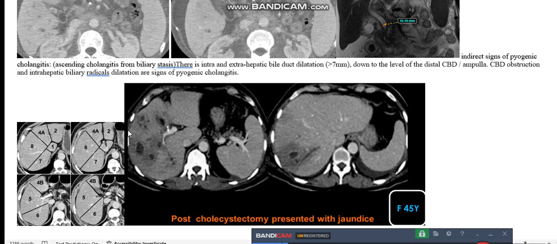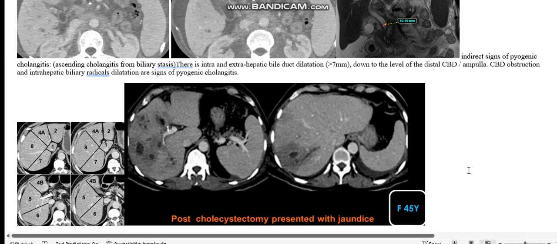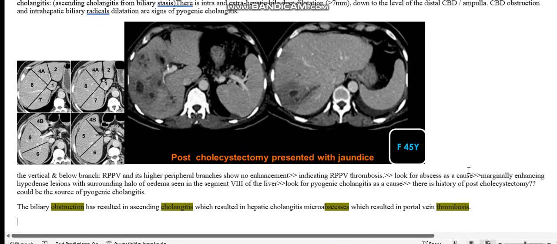If you can't see any radiological cause of the hepatic abscess, look for the history, such as post-cholecystectomy surgery, as this is a common complication of the surgery.